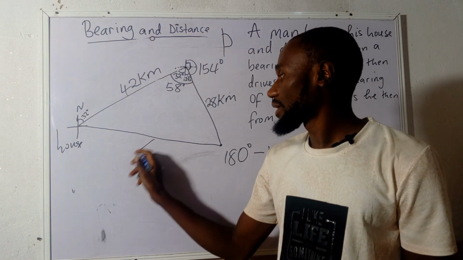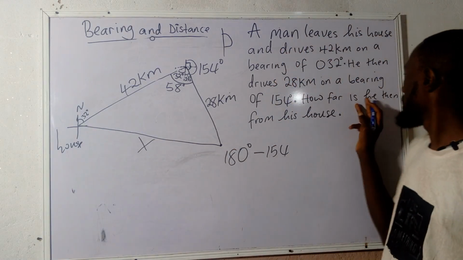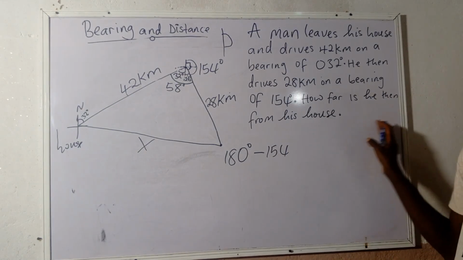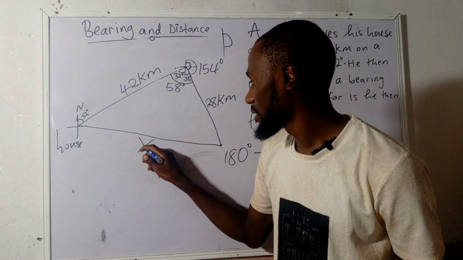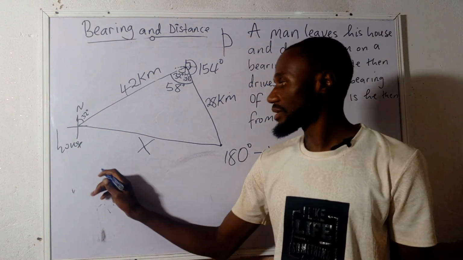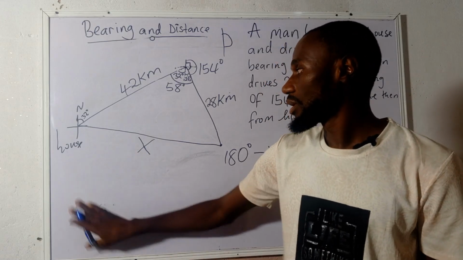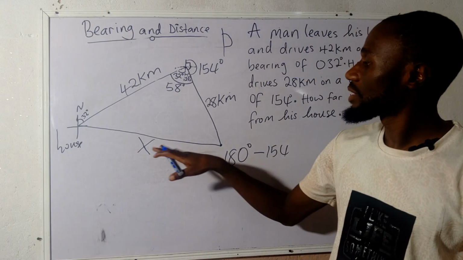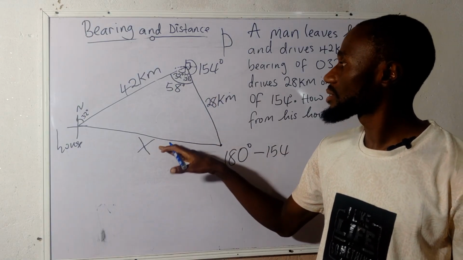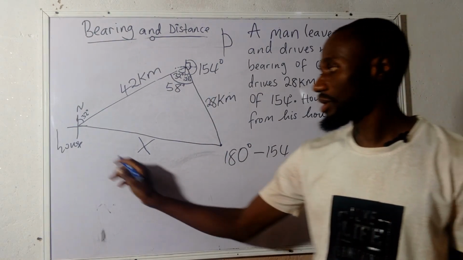We are asked to find the distance, how far he is from his house. Let's calculate the distance here. The distance here can be obtained by using the cosine rule. The cosine rule says whenever you are looking for a side, when two sides and one angle are given, you can use the cosine rule.